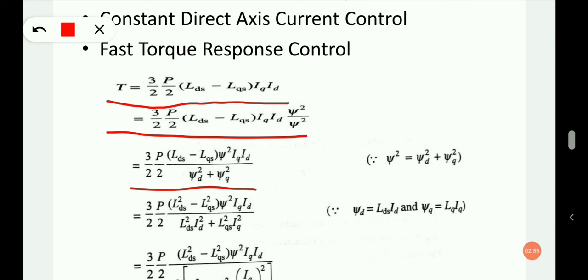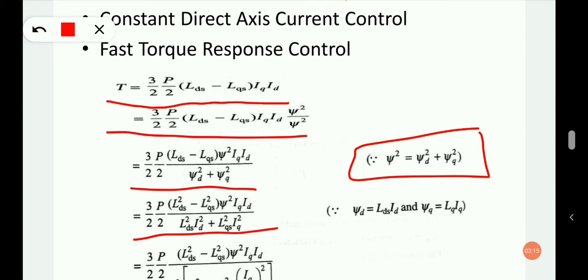Then the next term is (LDS minus LQS) psi square × IQ upon IQ into ID upon (psi d square plus psi q square), because psi square is nothing but the addition of psi d square plus psi q square.